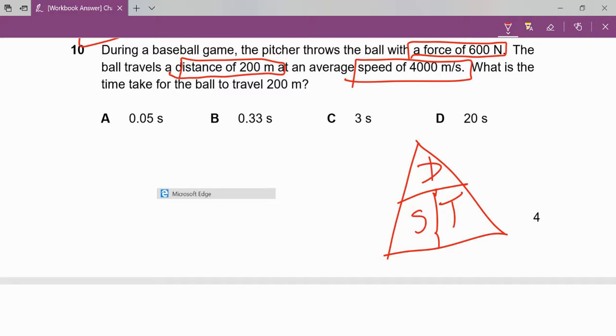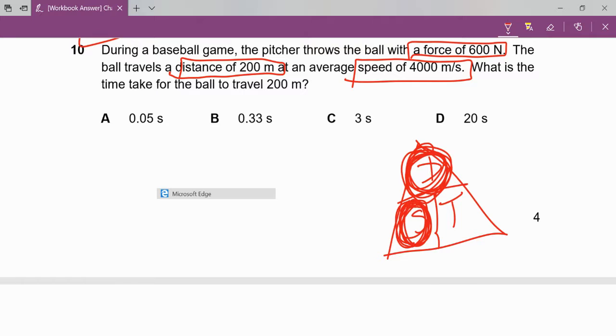What is the time taken for the ball to travel 200 meters? The question gives you the distance, and it gives you the speed. The ball travels at a speed of 4,000 meters per second and travels this 200-meter distance. So how long does it take?